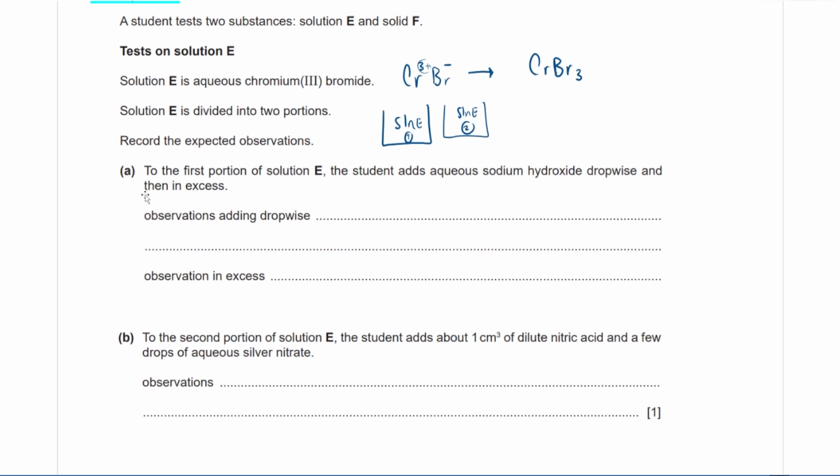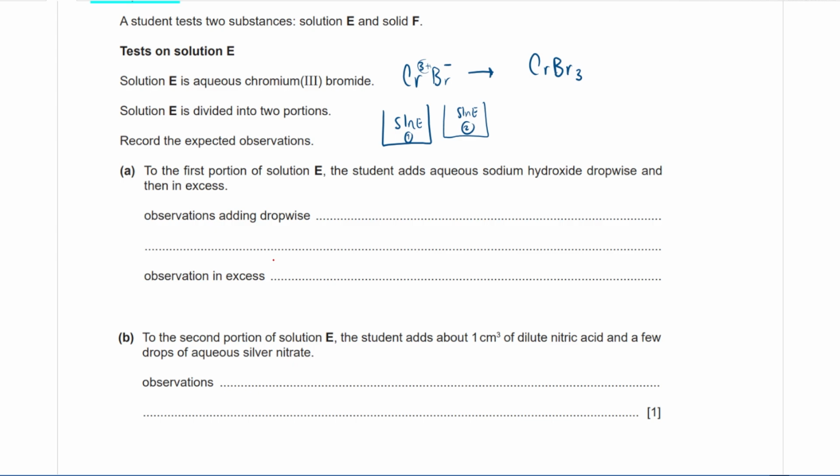So question A. To the first portion of solution E, the student adds aqueous sodium hydroxide dropwise and then in excess. And you might be thinking, okay, so when did we learn about adding sodium hydroxide dropwise and then in excess? And what about the observations, and should I know this?